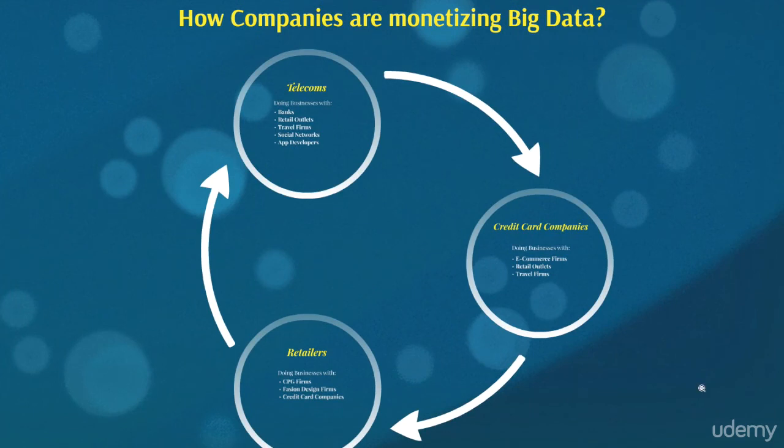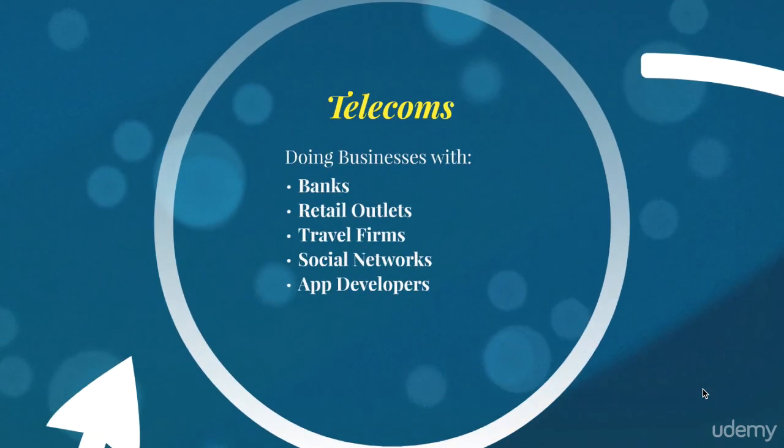Now let's understand how companies are monetizing big data. Telecoms companies are doing businesses with banks to detect fraud by triangulating location, purchase details, and customer info. With retail outlets to personalize offers real time and push them via mobile channels for effectiveness.